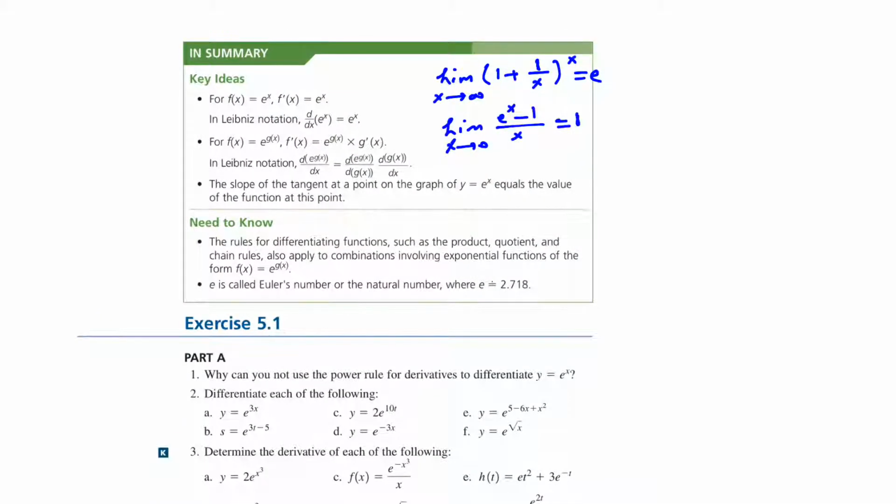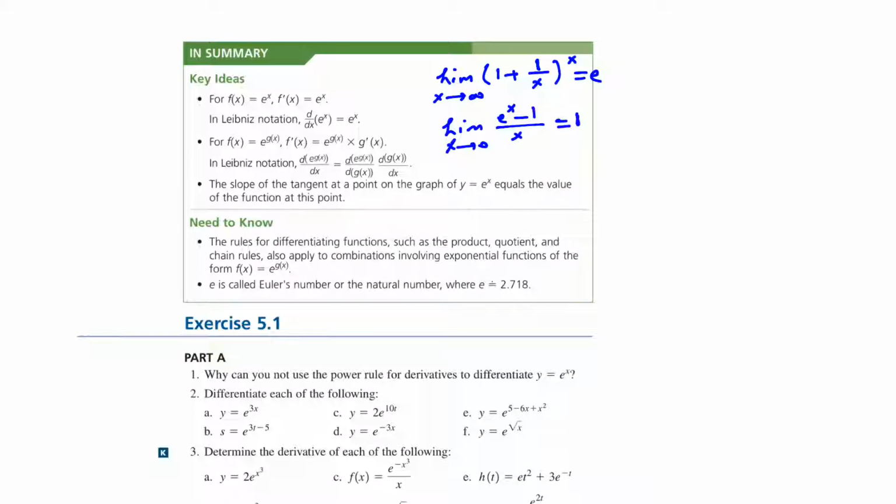Let's summarize what we've done in this section. We showed informally that the limit of (1 plus 1 over x) to the power of x as x approaches infinity is e. We used a table of values and found e approximately equals 2.7183.